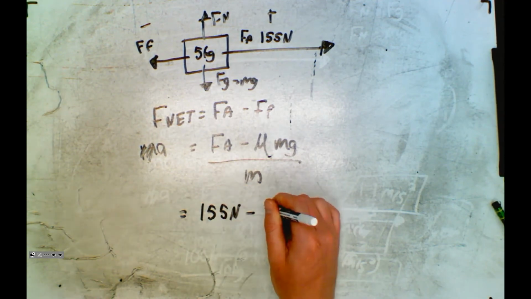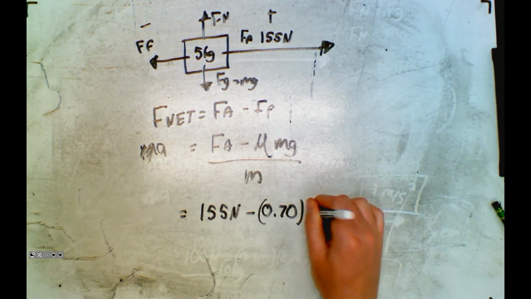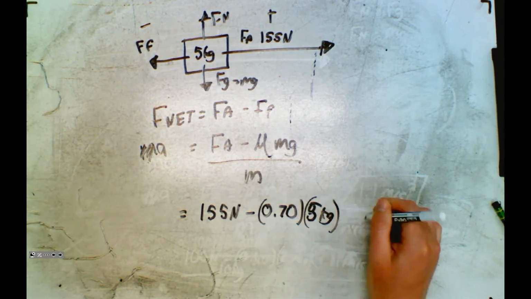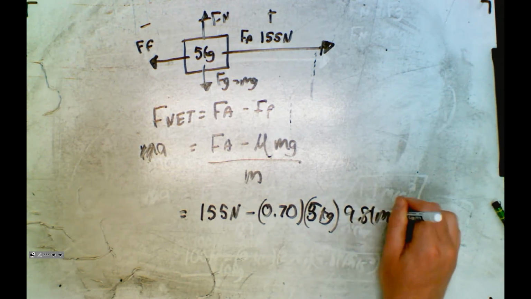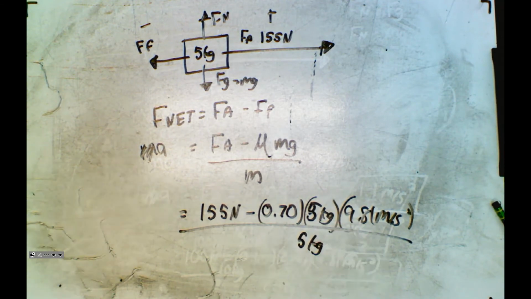155 newtons minus our coefficient of friction we want to use, 0.70. It's a 5 kilogram object. g is 9.81 meters per second squared. And our mass is 5 kilograms.